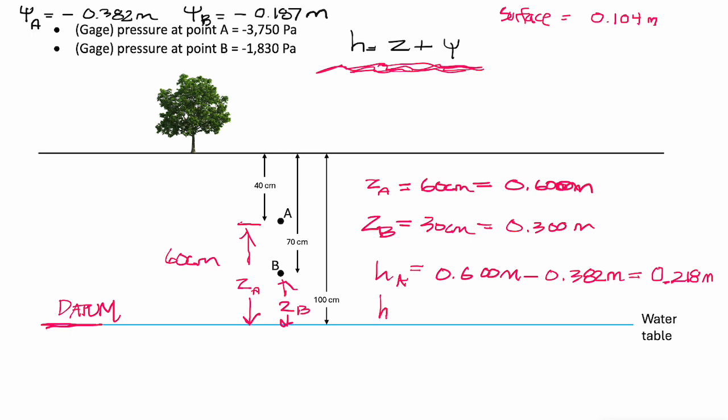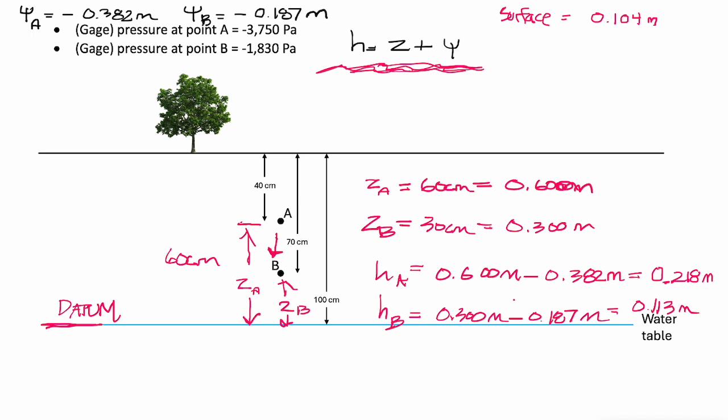And head at B will equal 0.300 meters minus 0.187. If I plug that into my calculator, I get 0.113 meters. Okay, so now they're both positive, but it's pretty clear that water is going to flow from the higher value at A, so water is flowing down, just like we found before.